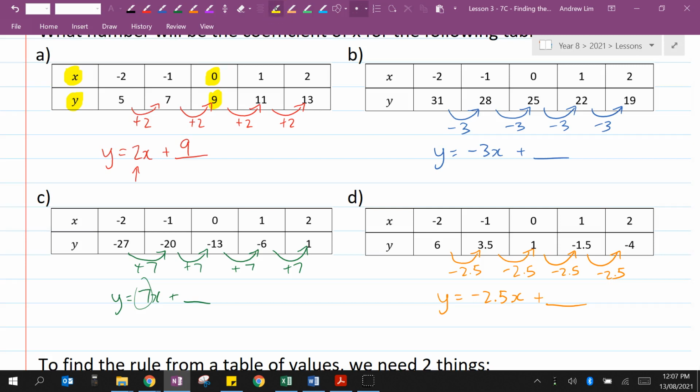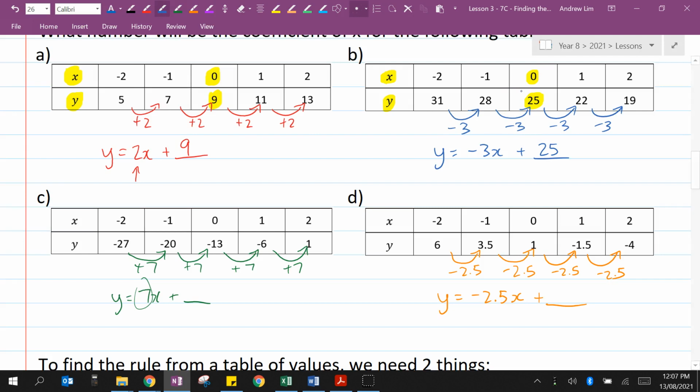Question B. When x is equal to 0, y is equal to 25, a positive number. So y is equal to minus 3x plus 25. If this was a negative number, we would put a minus sign here instead of a plus. But it's positive, so we'll leave it as a plus 25.